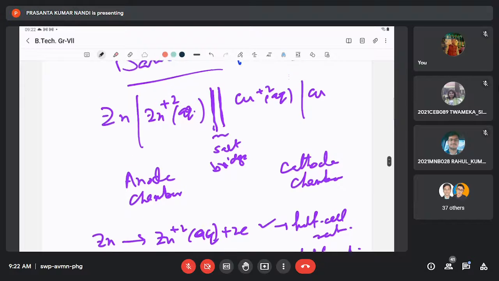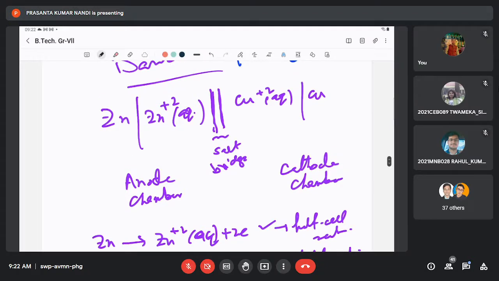So basically there are two half cells, zinc ion and zinc, and cupric ion and copper. These are two separate electrodes.